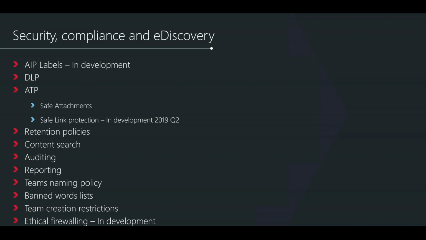By limiting who can create groups, you can help control and stop some of that spread. And similarly, you want to control how teams are named, so nothing inappropriate can get through and be seen within the organization.